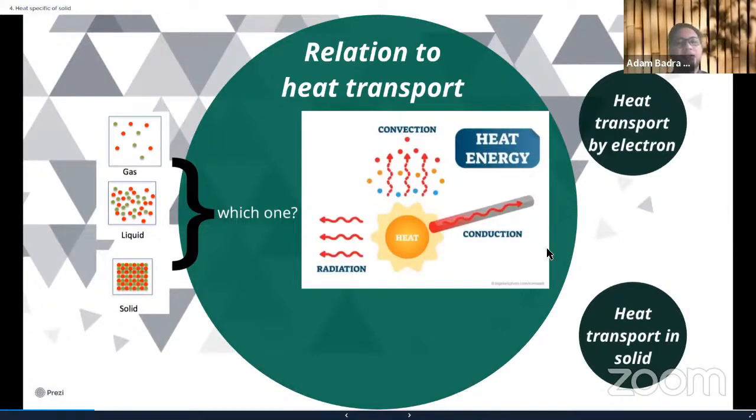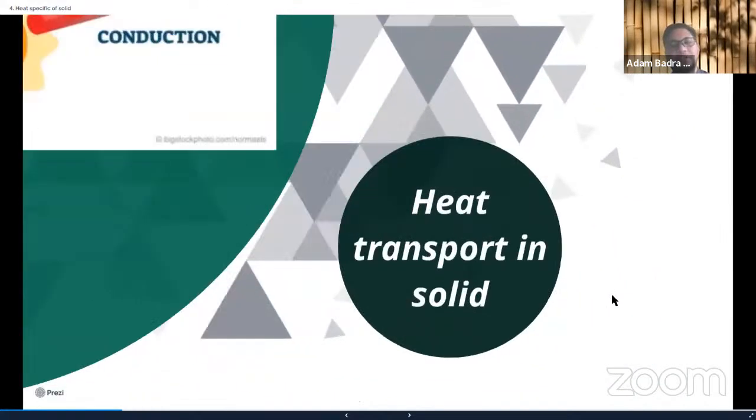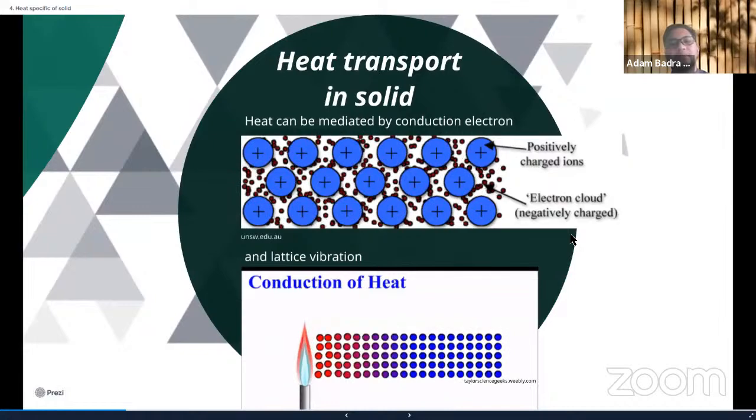So the question is, does only the conduction electron contribute to conduction? Can the proton contribute? The answer is yes. The transport is also carried by the proton.